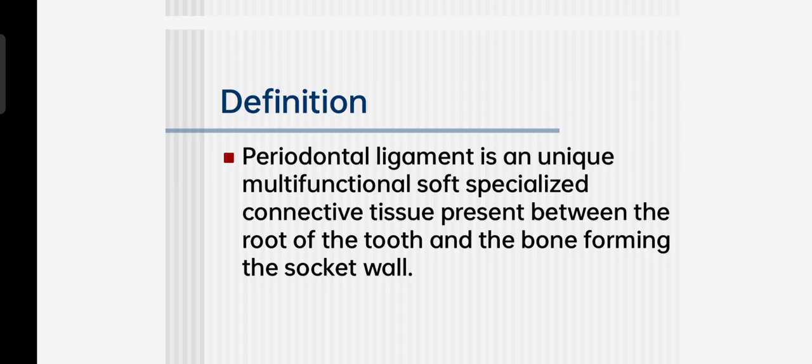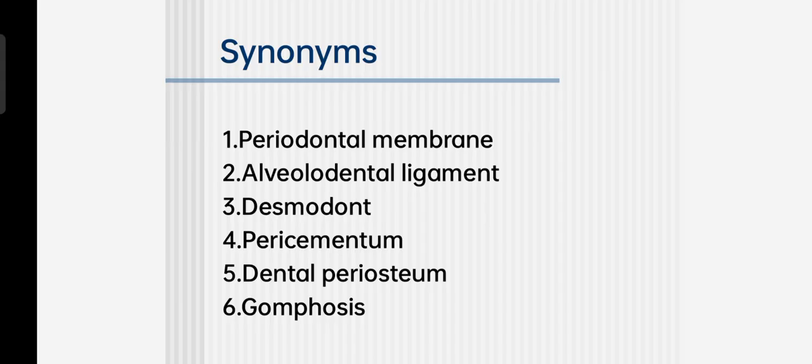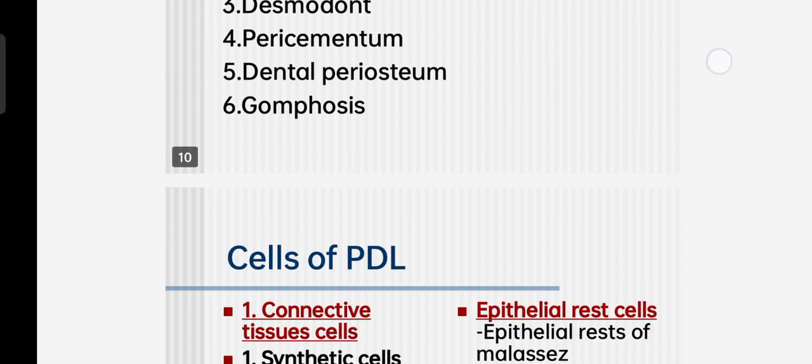It is multifunctional. It serves so many functions, and just because it is made up of collagen, it is soft and specialized connective tissue. Synonyms: it is also known as periodontal membrane, alveolar dental ligament, desmodont, pericementum, dental periosteum, and gomphosis.